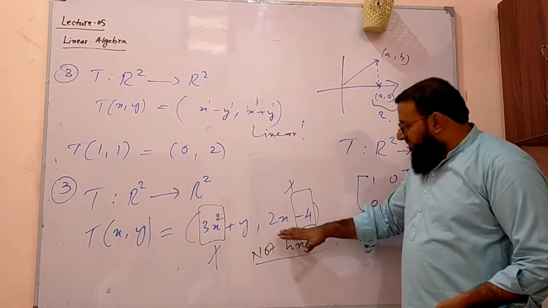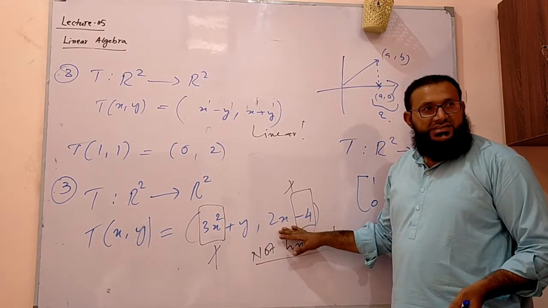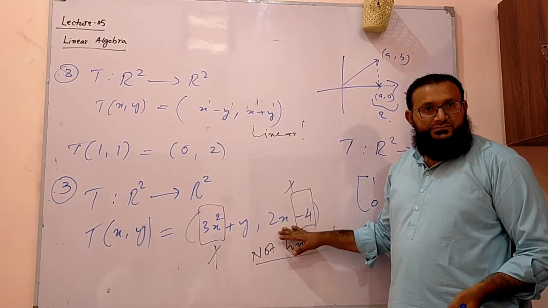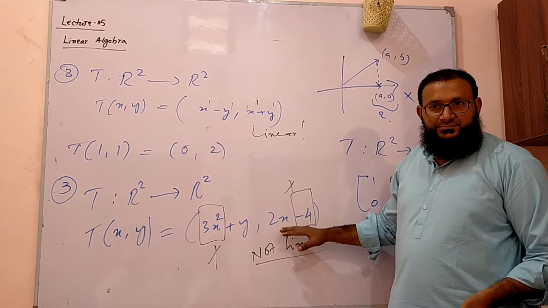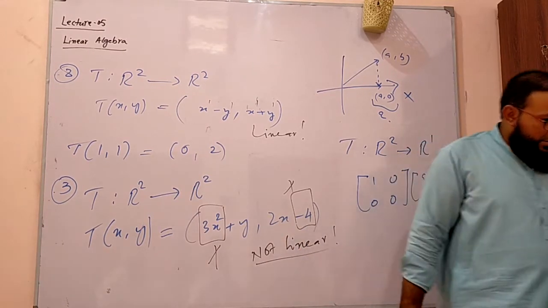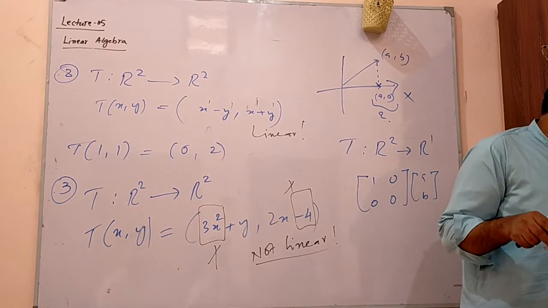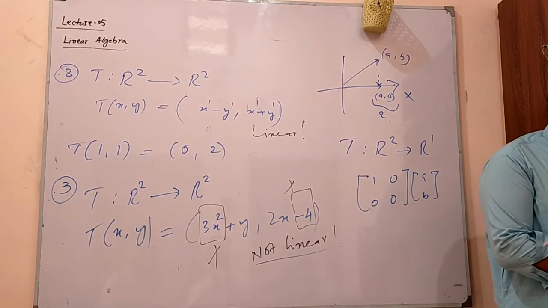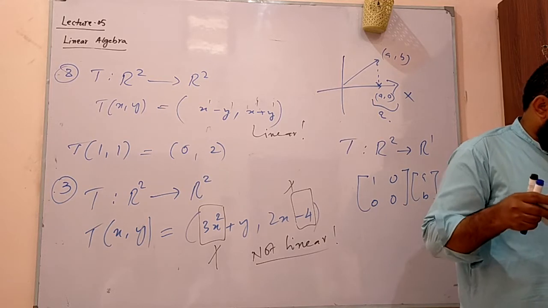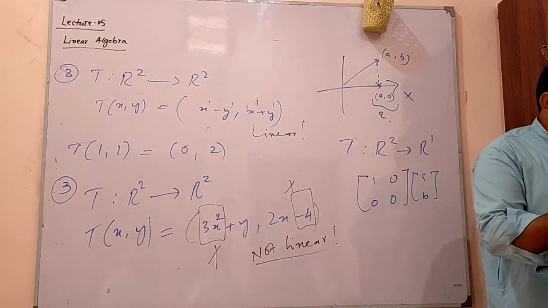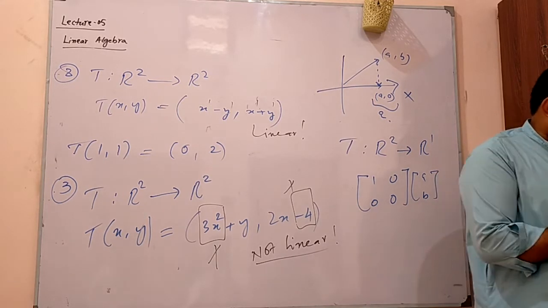And when you take this type of function, I think this will not follow linearity itself. You can check this thing. Okay, so these are some examples to check whether these are linear or not. So, what is something good about linear transformation?